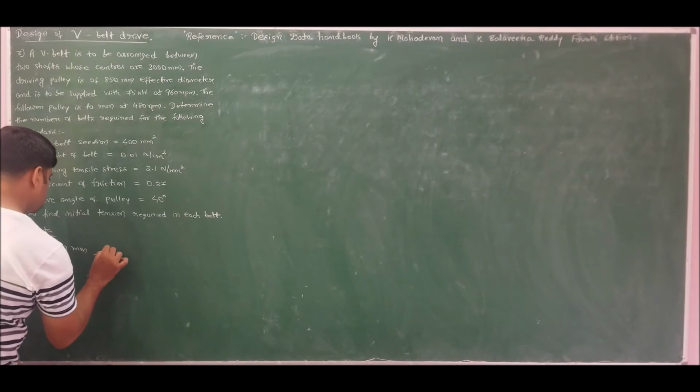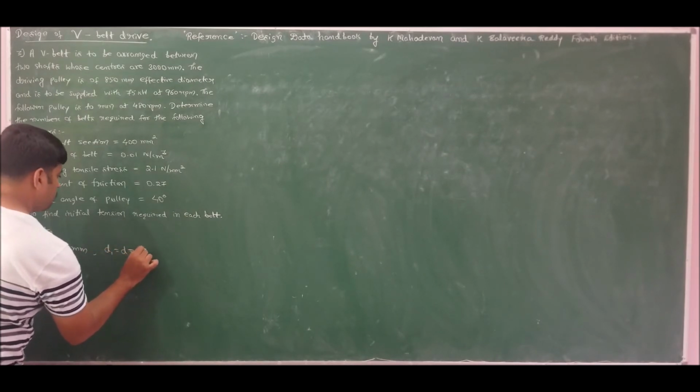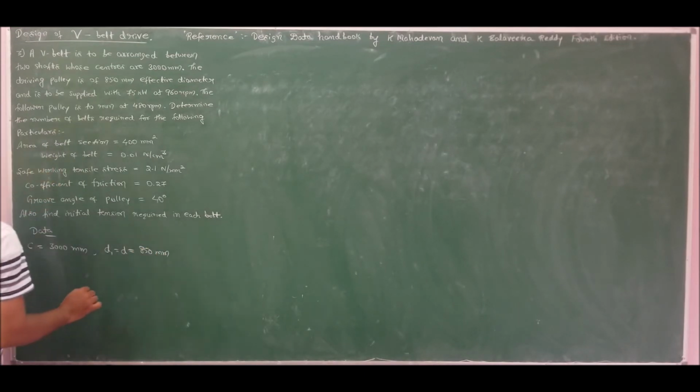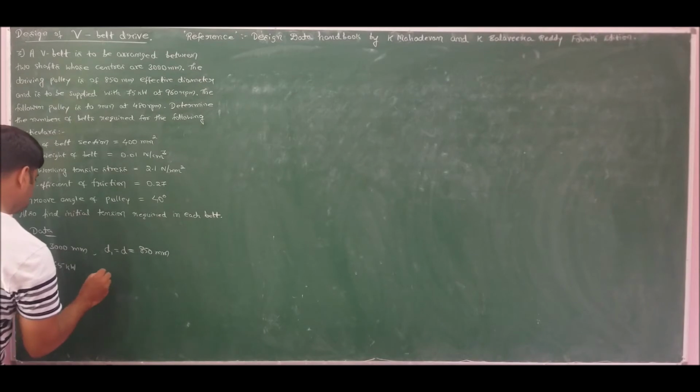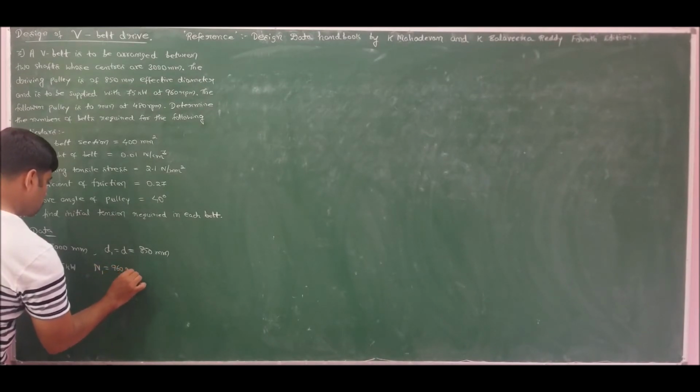So he has given d1, which is nothing but small d, as 850 millimeters, and it is supplied with 75 kilowatt of power. Power supplied is 75 kilowatts at 960 rpm. So N1 is 960 rpm.